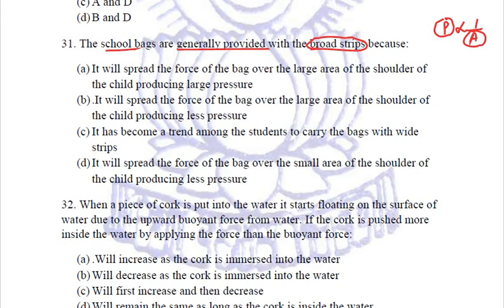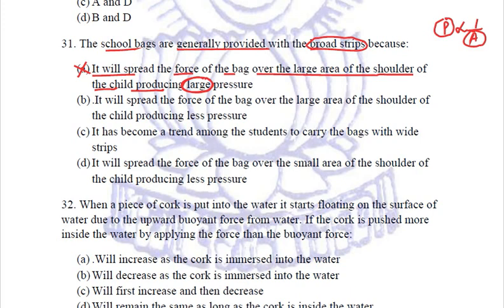Now let us find out what exactly are the reasons given in the options so that we can check the appropriate answer. The first is it will spread the force of the bag over the large area of the shoulder of the child, producing large pressure. Obviously not, we want to decrease the pressure.